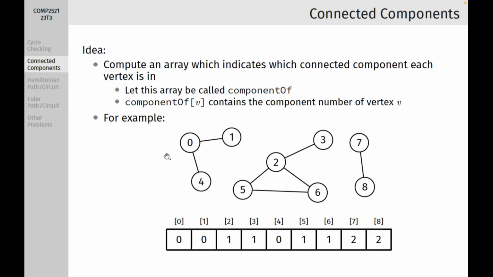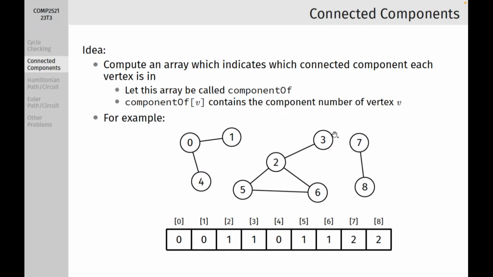So for example, let's take this graph again. We see that 0, 1, and 4 are in the same connected component. That means in our array, index 0, 1, and 4 should have the same component number. So we've put a 0 at index 0, 1, and 4, which means these vertices are in component 0.